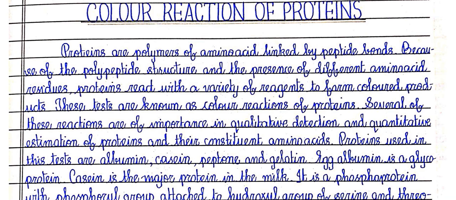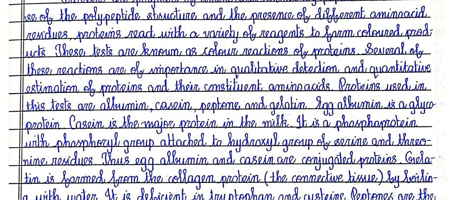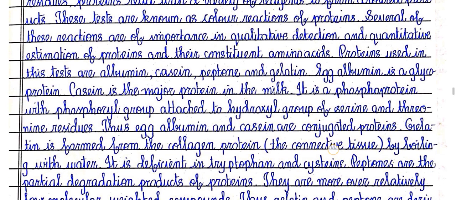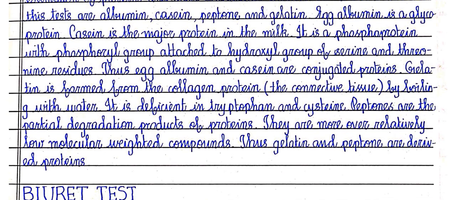Egg-albumin is a glycoprotein. Casein is a major protein in milk. It is a phosphoprotein with a phosphopyrrole group attached to the hydroxyl group of serine and threonine residues. Thus egg-albumin and casein are conjugated proteins. Gelatin is formed from the collagen proteins of connective tissue by boiling with water.